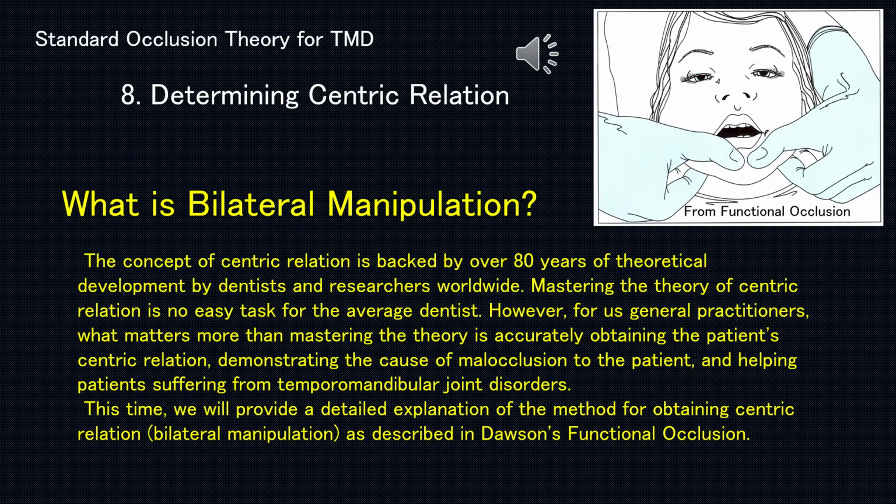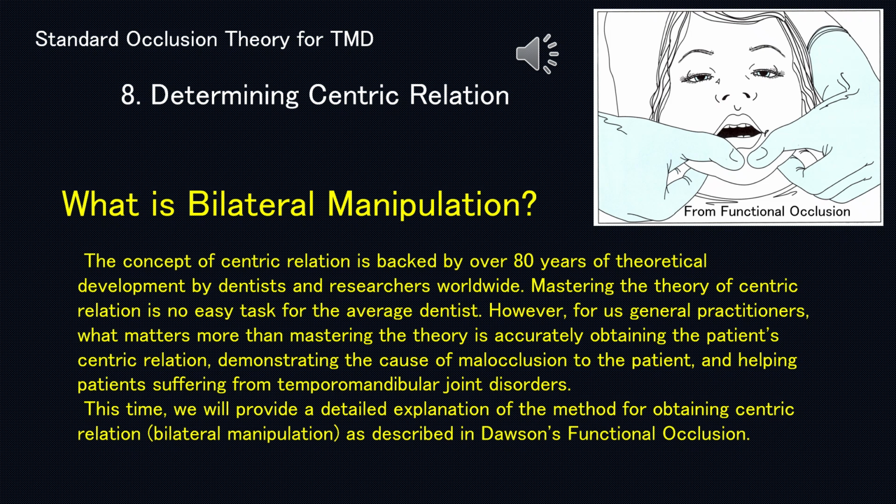What is bilateral manipulation? The concept of centric relation is backed by over 80 years of theoretical development by dentists and researchers worldwide. Mastering the theory of centric relation is no easy task for the average dentist.